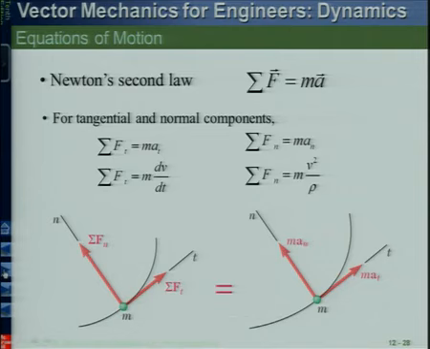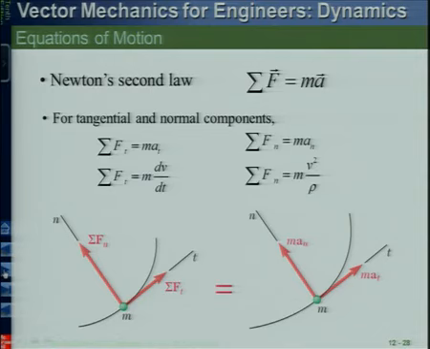Now acceleration in the tangential direction is nothing but the rate of change of speed, dv by dt. And acceleration in the normal direction is v square by rho. So whatever is the path, you write the et and en directions, and the forces in the tangential direction will be equal to m at, and forces in the normal direction m an.